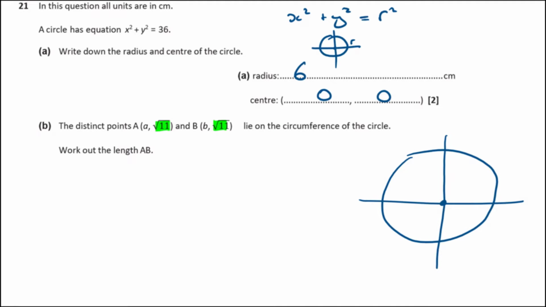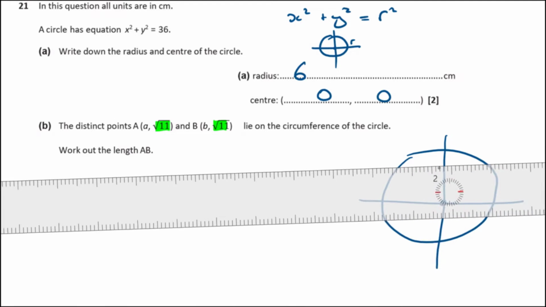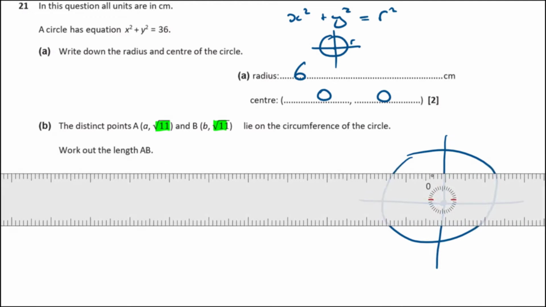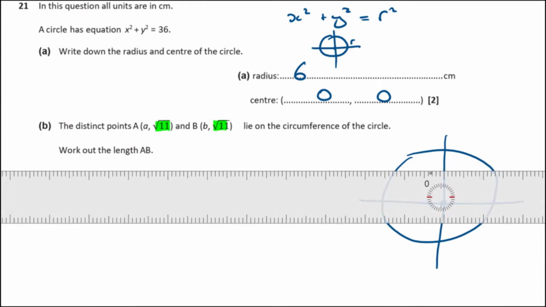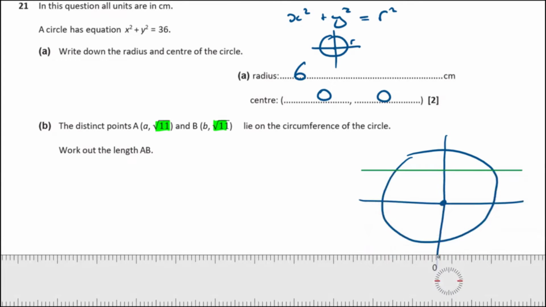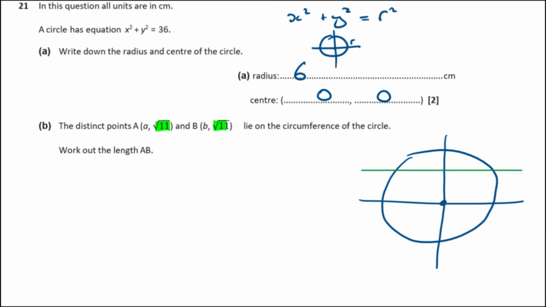So if you imagine a straight line passing through my circle, it's obviously above the x-axis because it's positive, then one of those points is going to be the point A, isn't it? Let's say this one is on the left, and that's going to have coordinates (a, root 11), and then on the other side here I'm going to have B, which has coordinates (b, root 11).